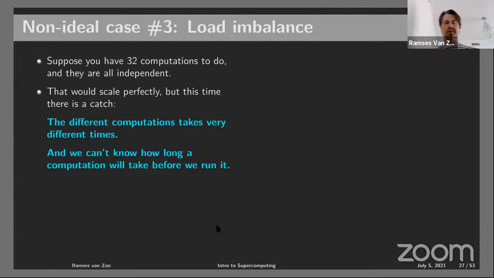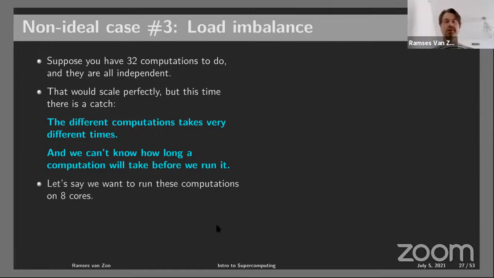What if they take different times to compute, say, the first batch than the other batch? Then some of these batches are going to be done before the slowest batch, and the slowest batch now sets the pace. That also means, if you don't know that ahead of time, that while the slowest batch is finishing up, the other cores aren't doing anything.